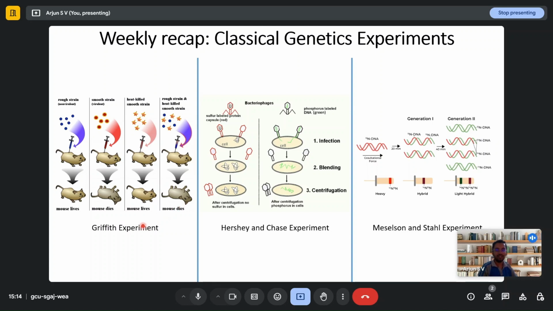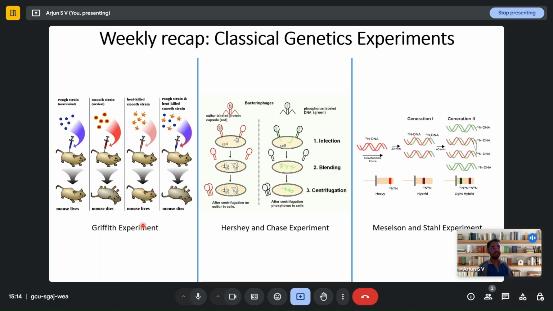So Griffith was somehow able to explain that even though the smooth strain was heat killed and administered, some of the genetic information from the heat-killed smooth strain was passed on to the rough strain, and the rough strain Staph aureus was able to replicate the smooth strain virulence, which led to the death of the mice.